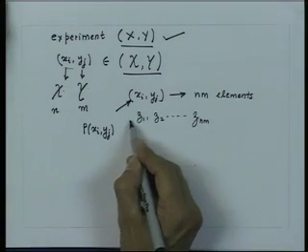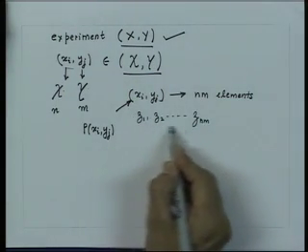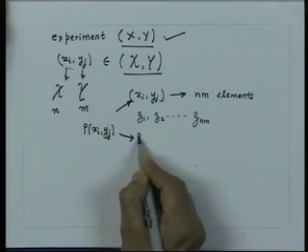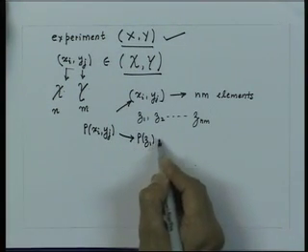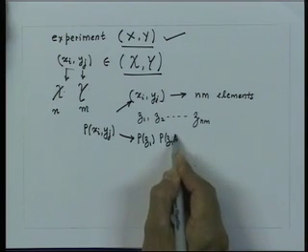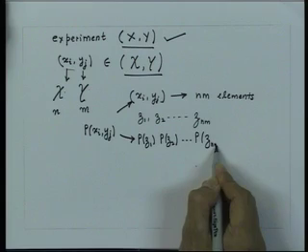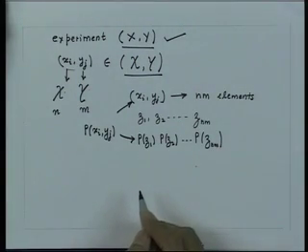In the light of our definition in terms of z, this is equivalent to probability of z1, probability of z2 and probability of znm.